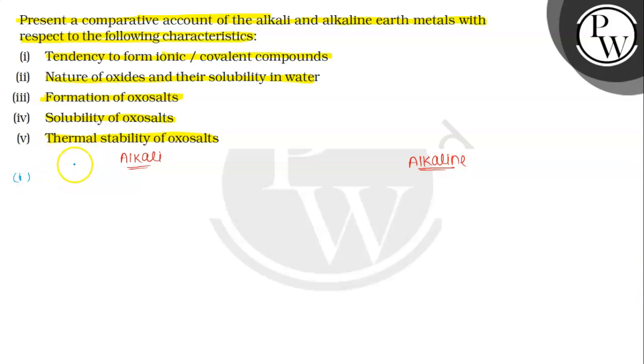All alkali metals except lithium form ionic compounds. The size of lithium is very small, so it generally forms covalent compounds.